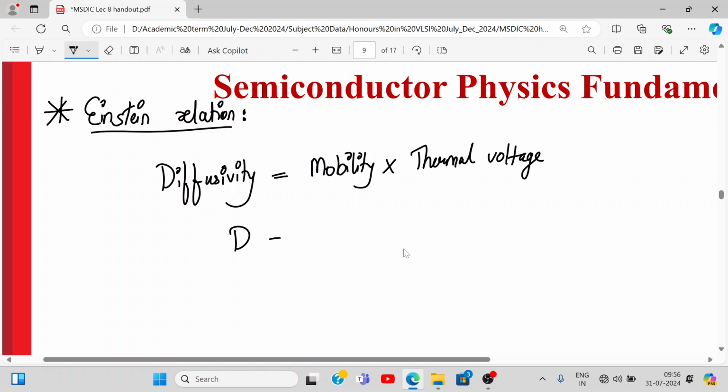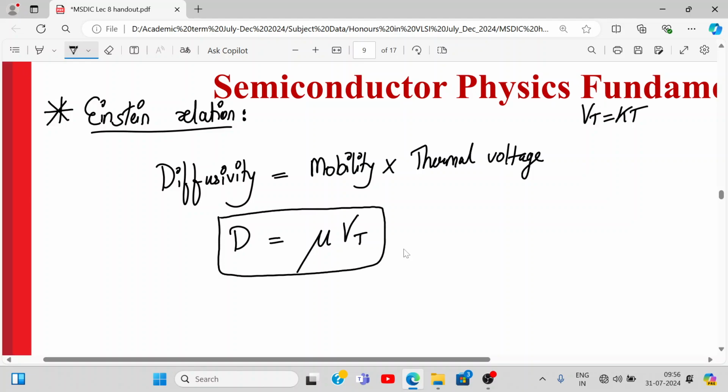So D is equal to, mobility is represented by this symbol mu, and thermal voltage is represented by KT. It's normally called VT, so we are writing VT over here. This is a very, very important Einstein relation, and this holds under quasi-equilibrium process.